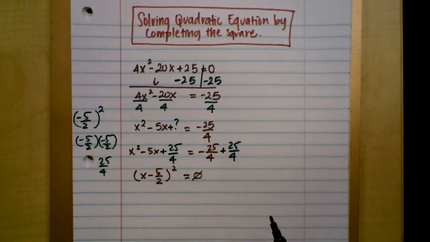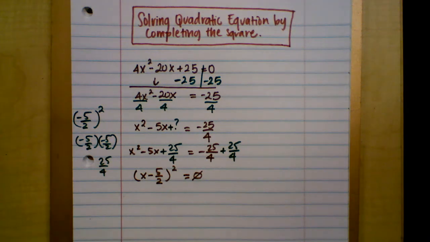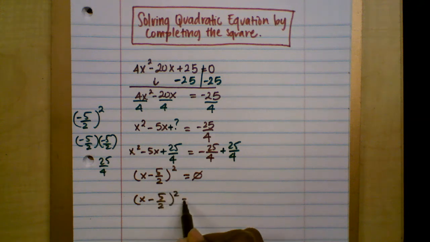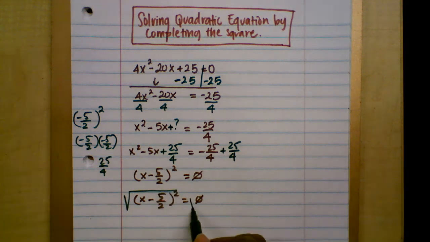Now I want to get to x. Right now I cannot because of the square. So what operation do you use to undo the square? You're right, you're going to take the square root on both sides. When you take the square root on both sides, always include the plus or minus sign.